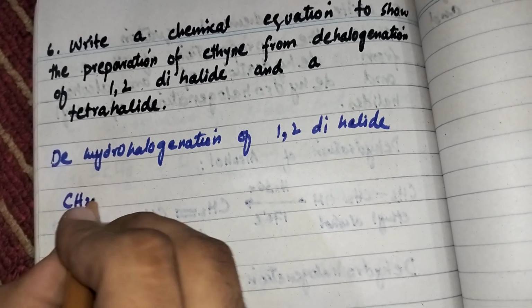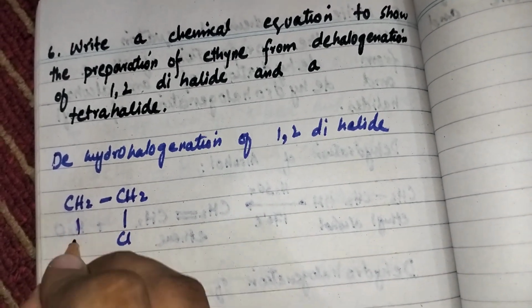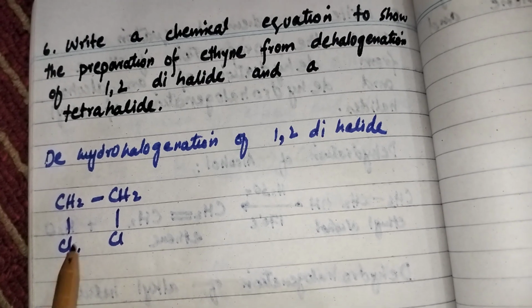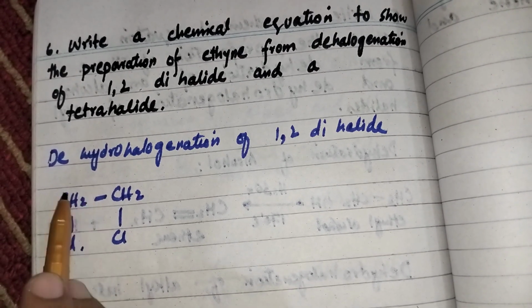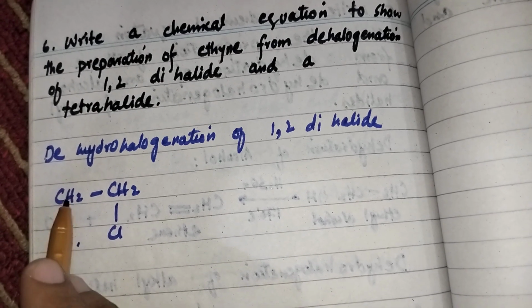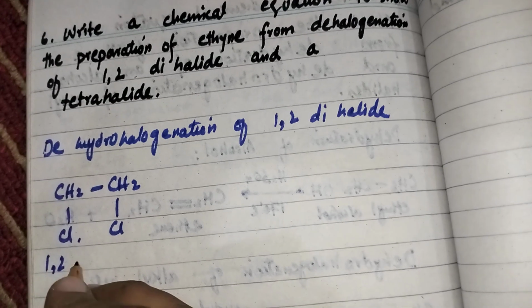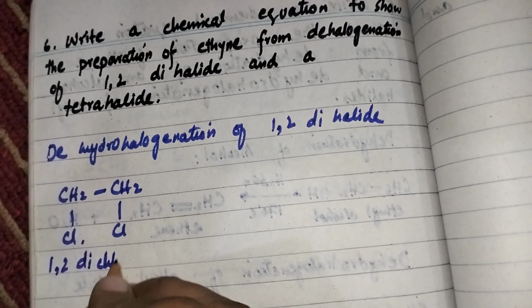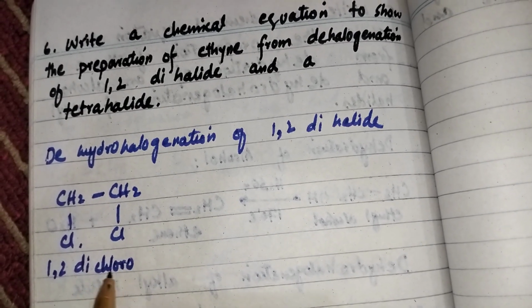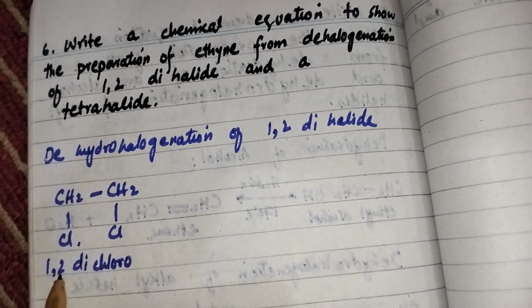Vicinal dihalide is CH2, single bond CH2, with one Cl attached to one carbon and one Cl attached to the other carbon. So in this molecule there are two carbon atoms, and one chlorine is attached to each carbon. So it is 1,2 dichloro, meaning one chloro attached to the first carbon and the second attached to the second carbon.